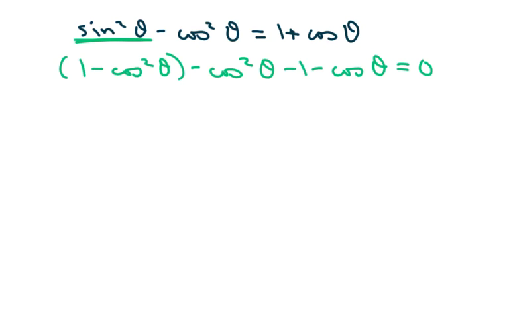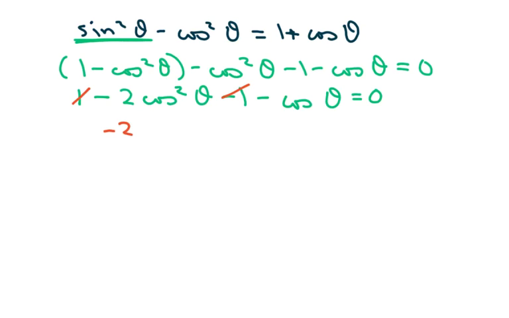Because I already know it's going to be quadratic in form. Now cleaning this up, we get 1 minus 2 cosine squared of theta minus 1 minus cosine of theta equals 0. Now we have everything in cosine, and the 1's cancel, so you have -2 cosine squared of theta minus cosine of theta equals 0.